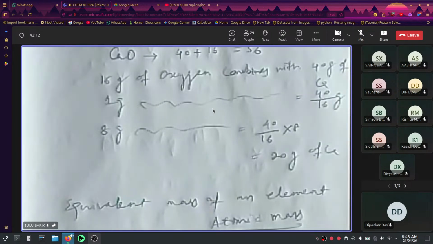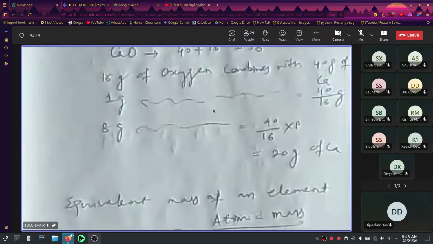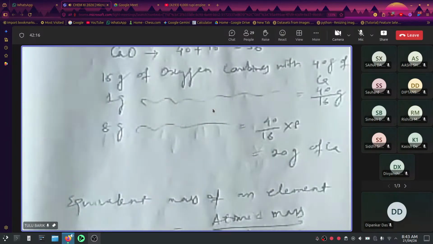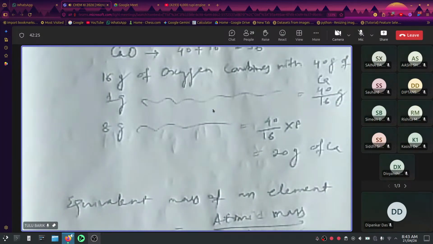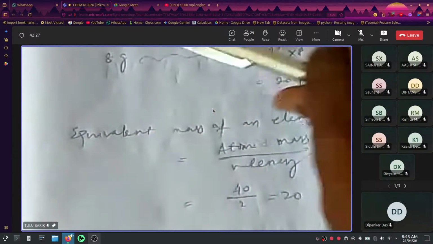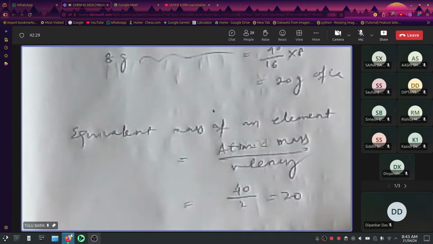One more similar question, so that you can clarify your doubts. You calculate the equivalent mass of aluminum in aluminum chloride, using chlorine 35.5 parts.